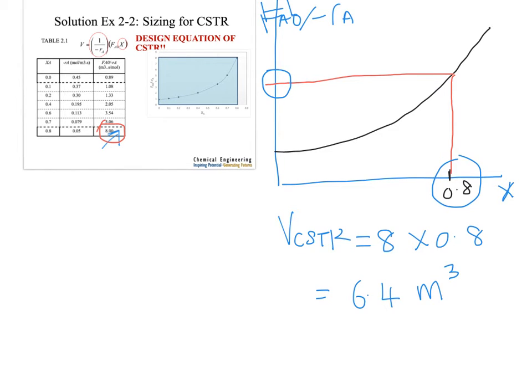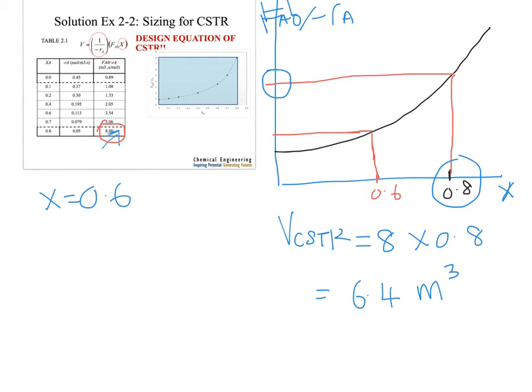Let's say, for example, the question says the final conversion is X equals 0.6. You look at the point at 0.6 and go to the y-axis.